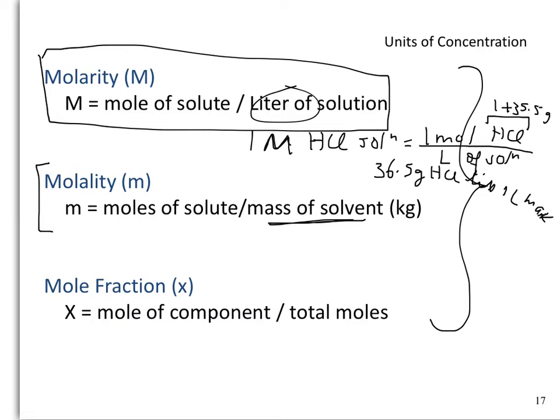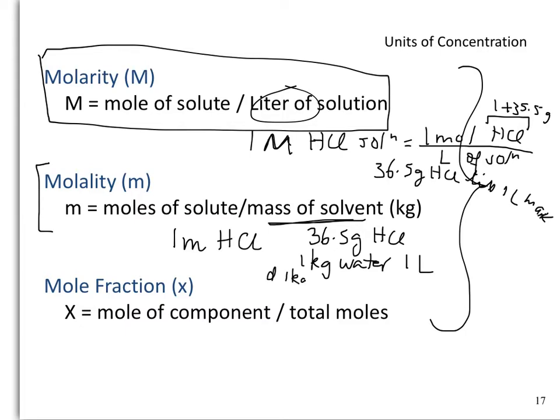have taken, if I had to, let's say, generate a 1 molal HCl solution, I would get 36.5 grams of HCl. I would get 1 kilogram of water, which by the way you can take as 1 liter of water, because you know that the density of water is 1 kilogram per liter.